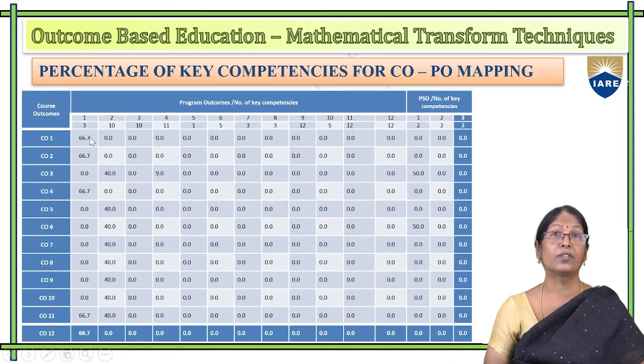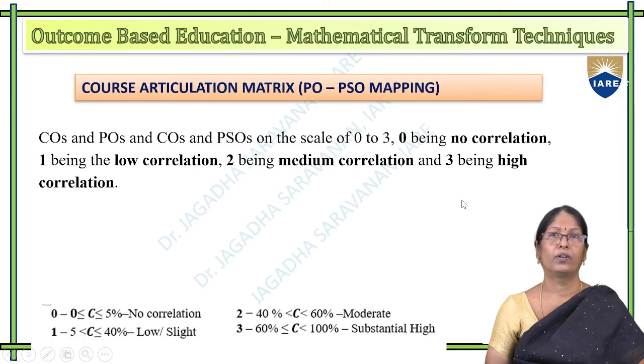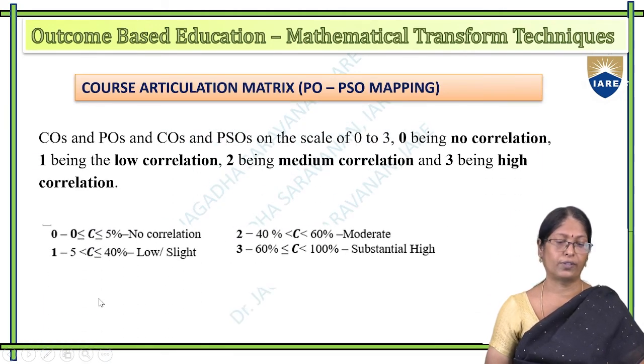We can see here, 66% is there, here 40% is there, whereas here we can see 9% and here 50%. For the percentage, if it lies between 0 to 5, there is no correlation, a poor performance. Up to 40 it is low, 40 to 60 is moderate, and 60 to 100 is high.